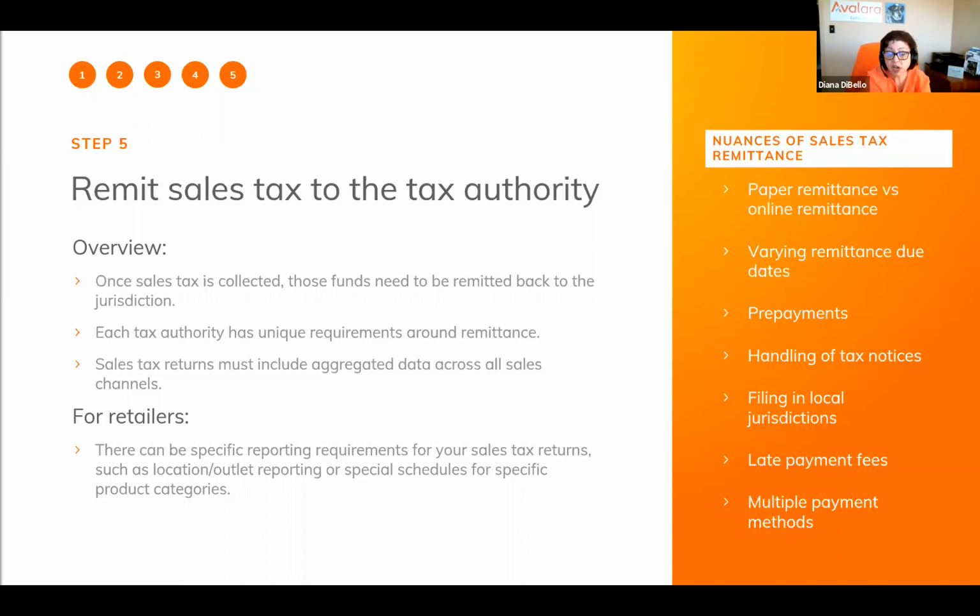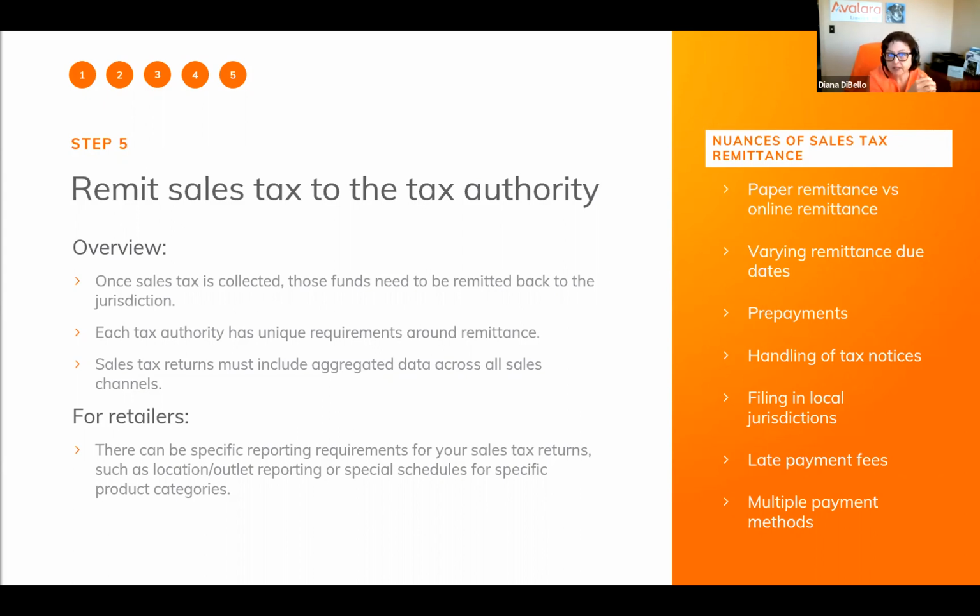So you should have a filing calendar, and managing the filing calendar, some of the steps in there is determining how you're filing, whether it's e-file or EDI or paper, and then the payment process, the filing deadlines, and any outlet reporting. So if you have multiple brick and mortar stores, then some states will require you to report each of those outlets separately.